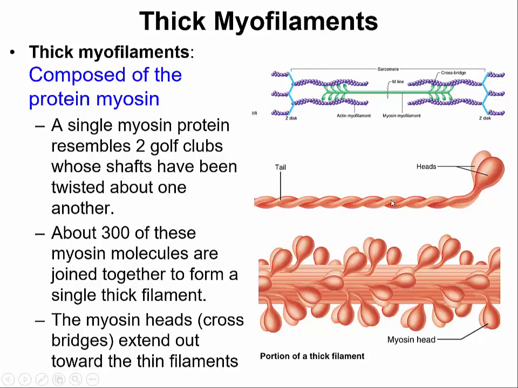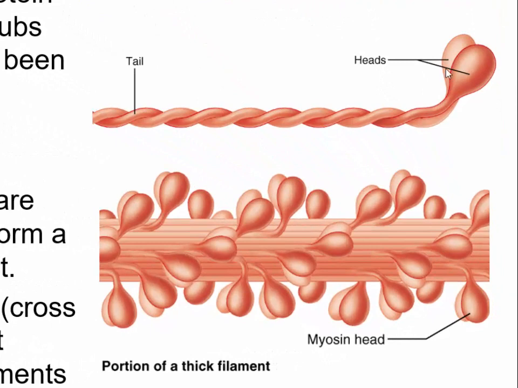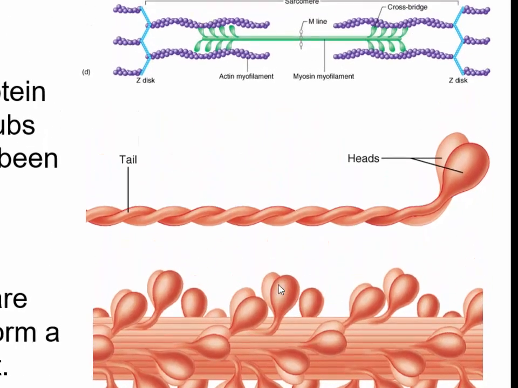And each myosin protein molecule, as shown here, is made up of, well, what looks like two golf clubs, with their two heads of the golf clubs here, and the shaft of them are twisted around each other. That's one myosin protein. You put about 300 of these myosin proteins together, and you get this structure here, which is called the thick filament.